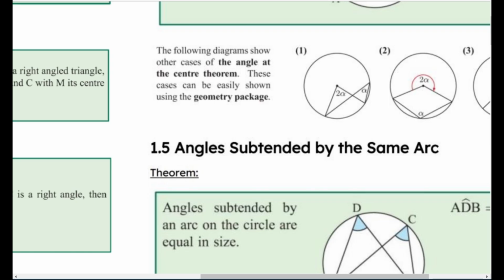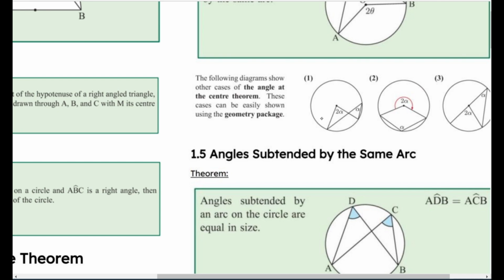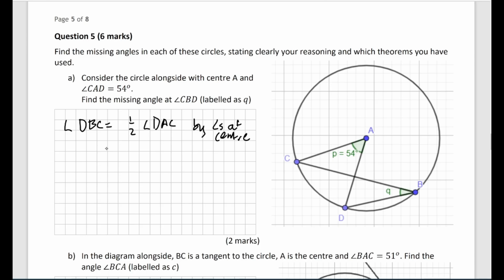If we look at our angle at the center theorem, it looks kind of like this special case here. Equals half of 54, which is 27.